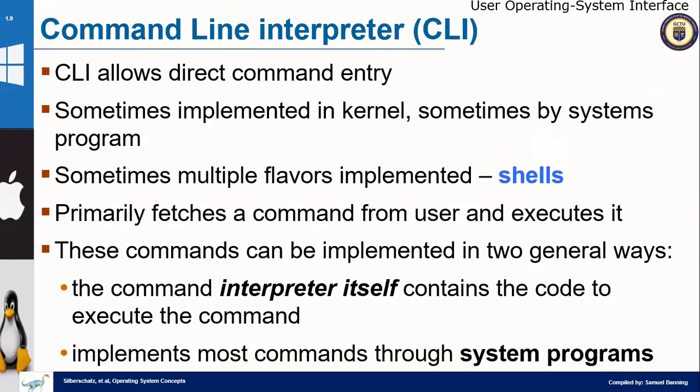We have the Bourne Again shell. Those of you who have used the Unix operating system before, this Bourne Again shell is what you usually refer to as the bash command prompt. So the command line that you often use in the Unix Linux environment is the Bourne Again shell, or the bash. We also have the Korn shell.